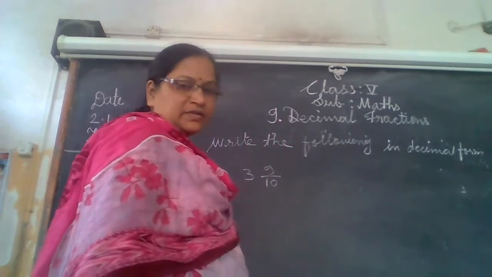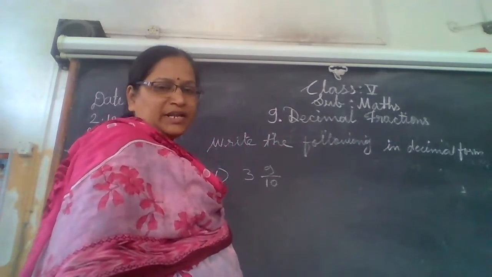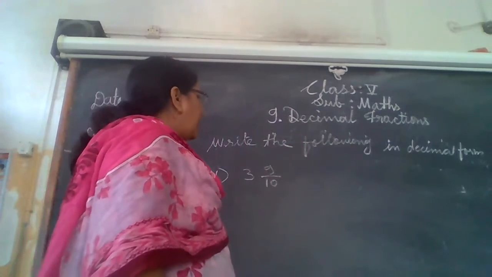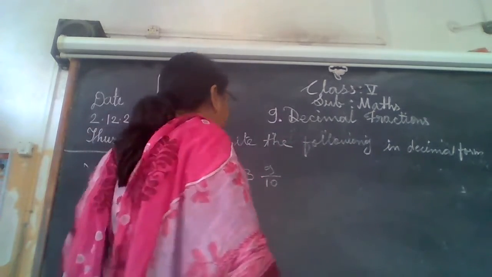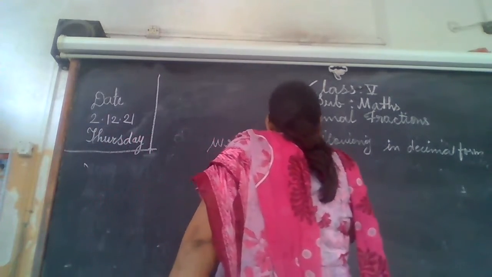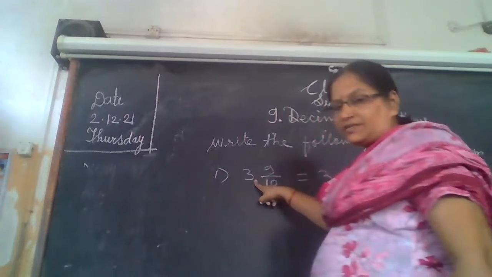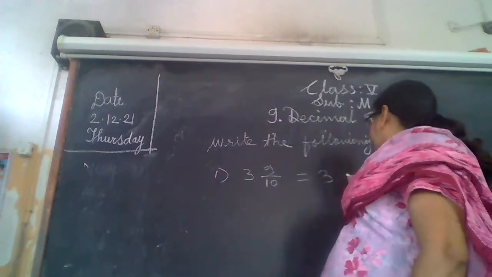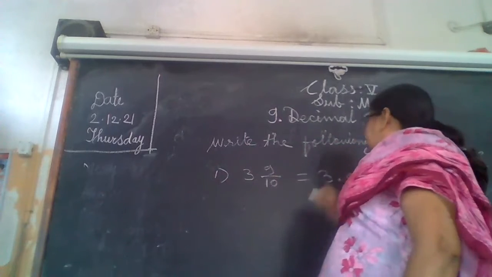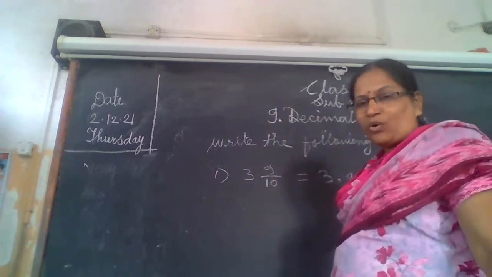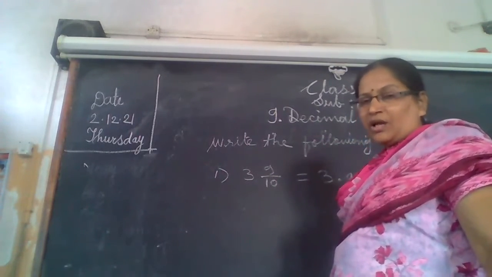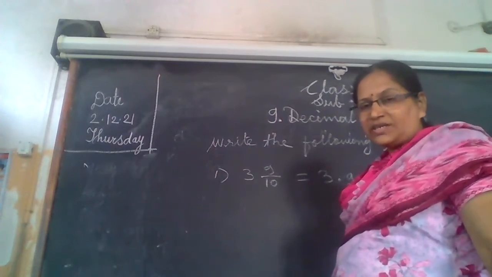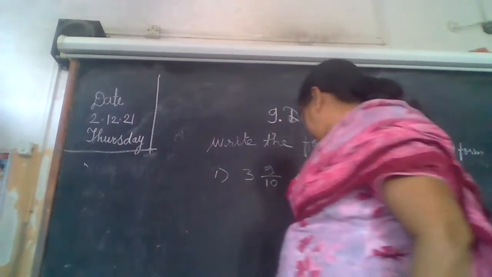So how will you read this? 3 integer 9 upon 10. And how will you write it in decimal form? The whole number is 3 and 9/10. 3.9, or 3 and 9/10.